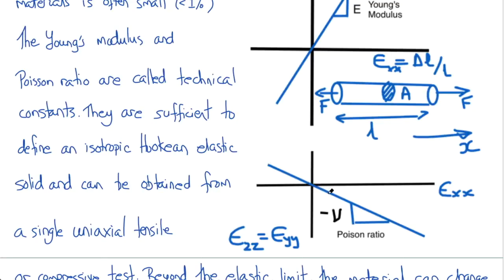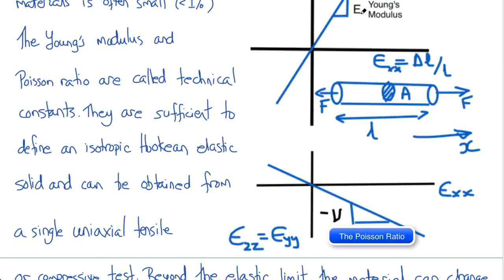In a linearly elastic material, and we see this in many engineering materials for small strains, the strain in the transverse direction is linearly proportional to the strain in the longitudinal direction. It's of the opposite sign, so if we're stretching the sample in this direction, then it'll shrink in the other direction, and that ratio of the negative shrinkage strain to the positive tensile strain is called the Poisson ratio, and is typically about 0.3 or 0.4 in many engineering materials.